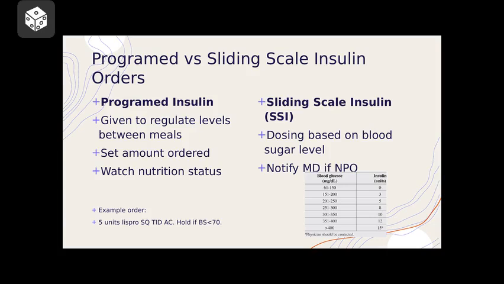The next order we may see with insulin is called sliding scale insulin. Sliding scale insulin is given based on their current blood sugar level. So unlike the other one, it's not a set amount. The amount to be administered is going to be based on what their blood sugar is.